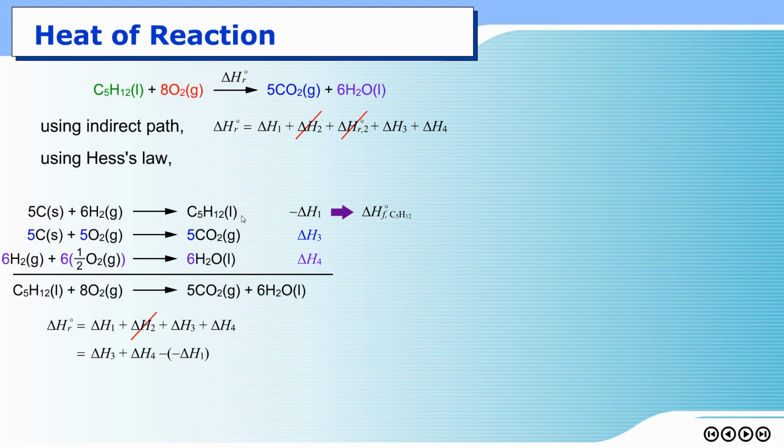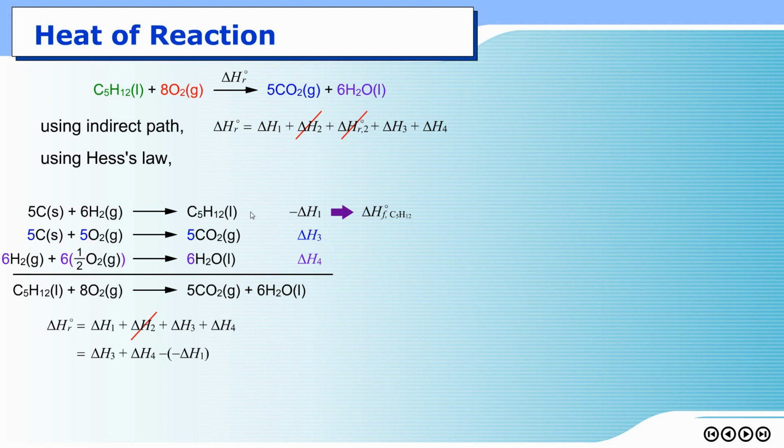Notice that in this reaction, pentane is the only compound on the right hand side, so the change in enthalpy of this reaction is called delta HF of pentane. F here stands for formation. It is the change of enthalpy of the reaction that forms pentane.